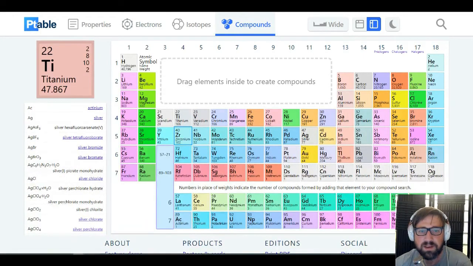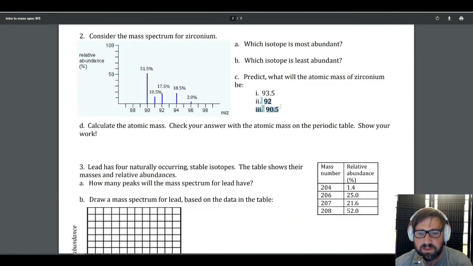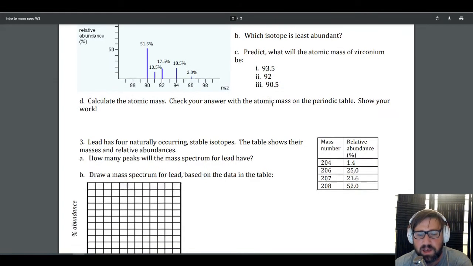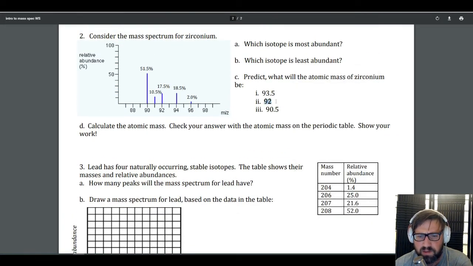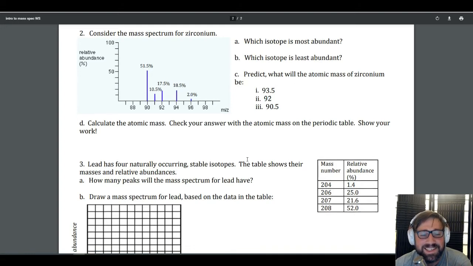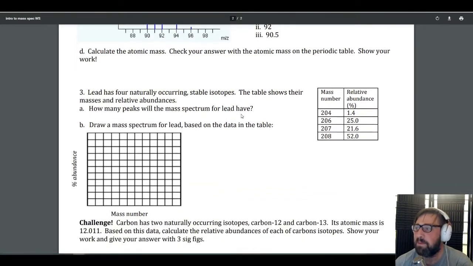Freaking A, man. This is what happens. They tricked us. Neither of these work. None of the answers work. 91.3, I think, is closer to 92 than 90.5. Well, that's like 0.8 away, and the other is 0.7 away, so it is barely closer to 92. So, there's that.